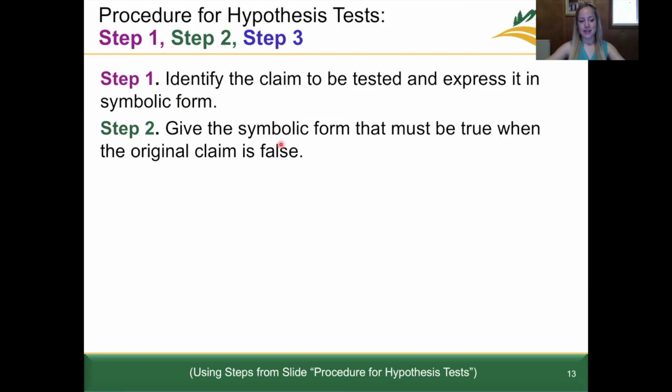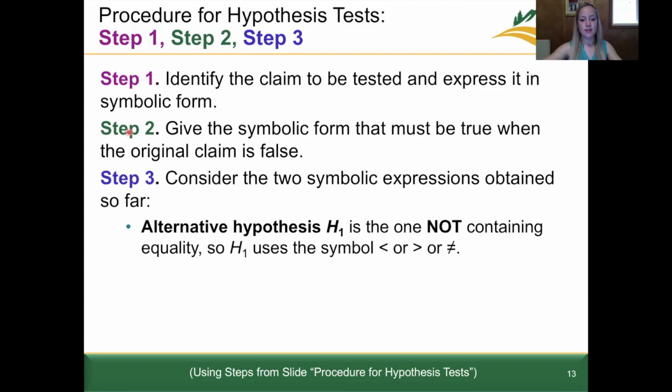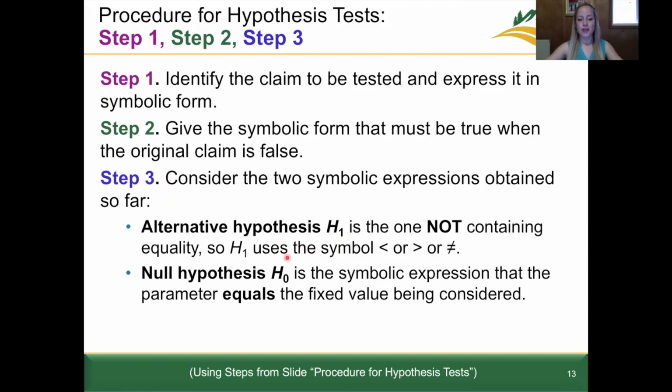We'll practice doing this. Step 3, consider the 2 symbolic expressions obtained so far. That is, consider what was done in step 1 and step 2, to then form our alternative hypothesis, or H1, and to decide what's our null hypothesis, or H naught.